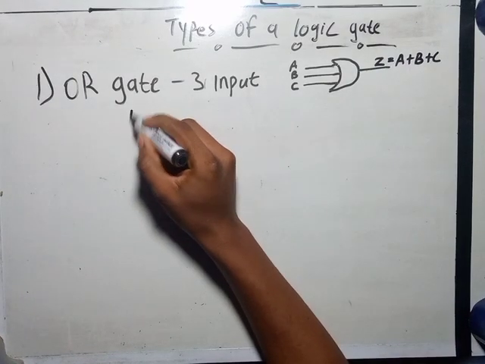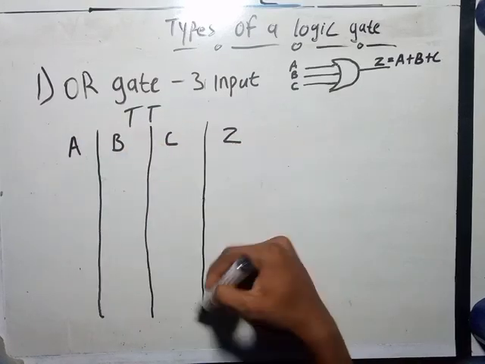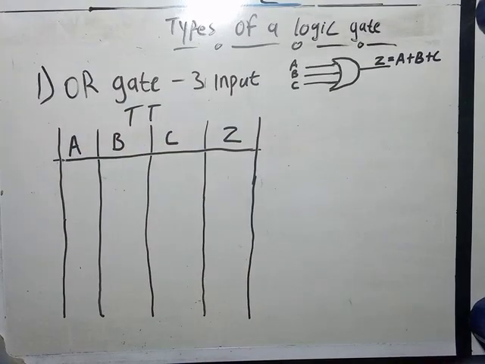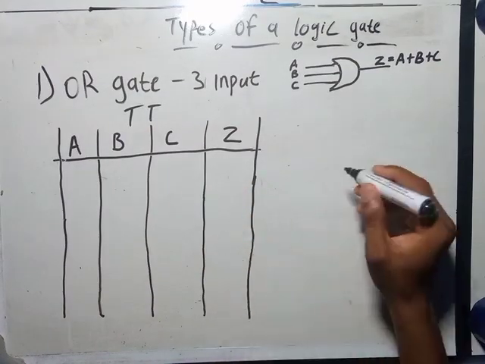Now let's draw our truth table. There is a way to know the number of ways our input can vary.